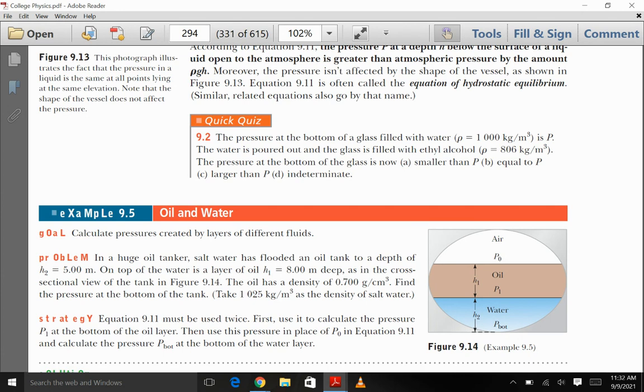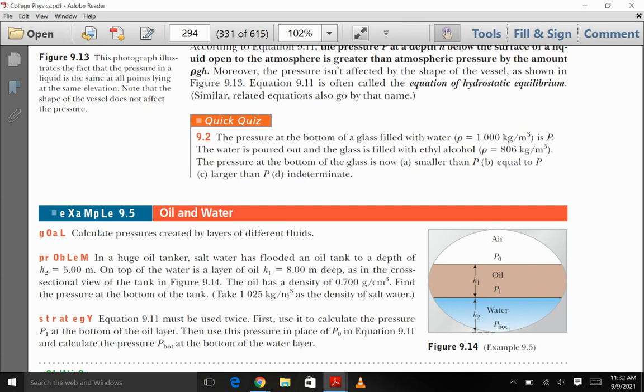Now the question is telling us, in a huge oil tanker, salt water has flooded an oil tank to a depth of 5 meters, right? So the water, the H2, is 5 meters. On top of the water is a layer of oil, 8 meters deep, as in the cross-section view of the tank in figure 9.14 that we are looking at.